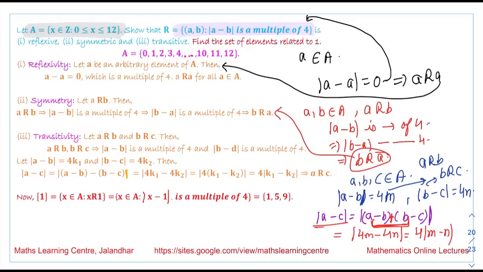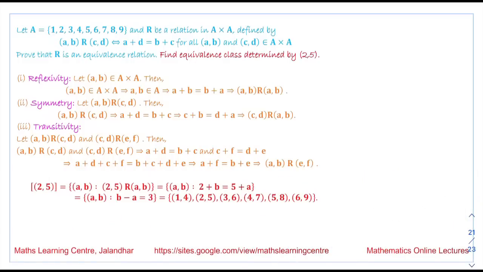It means a minus c is a multiple of 4. It means a is related to c. So what we have obtained is a is related to b, b is related to c, and this implies a is related to c. It means this relation is also a transitive relation. Now next we have to calculate all the elements which are related to 1.